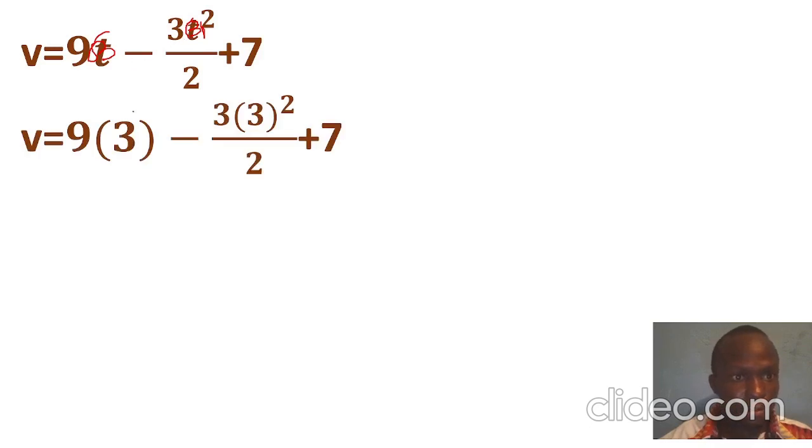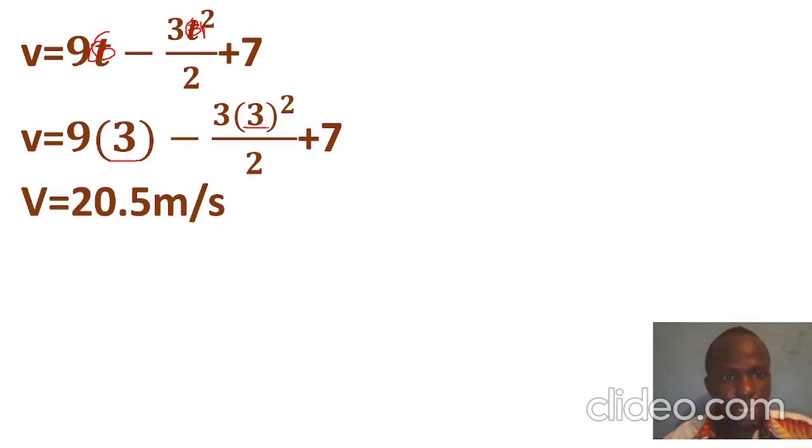After doing the computation, we arrive at 20.5 meters per second. So that is the maximum velocity attained by the particle in motion. Let us go to the next part of this problem.